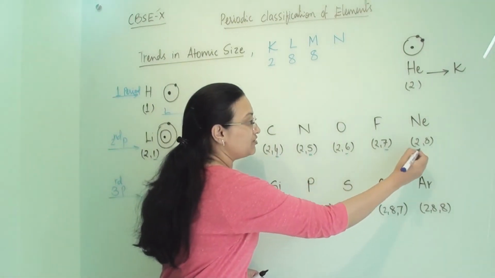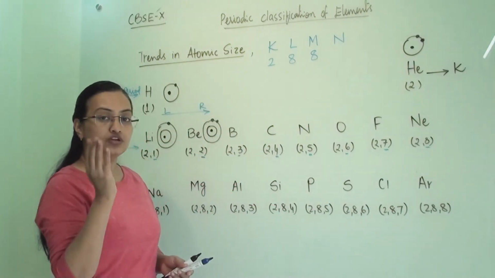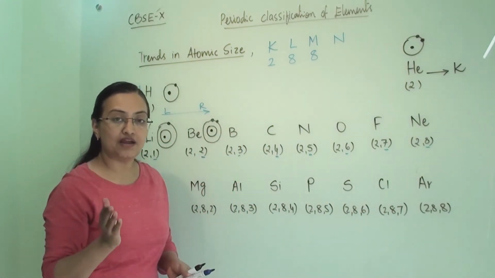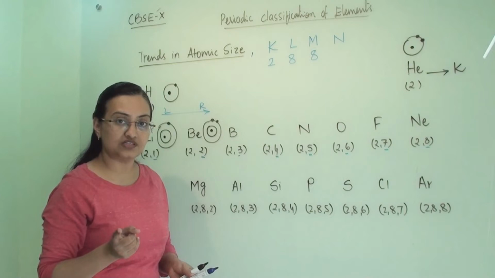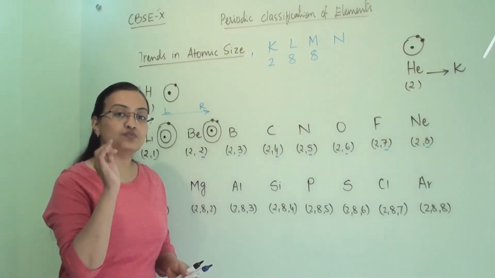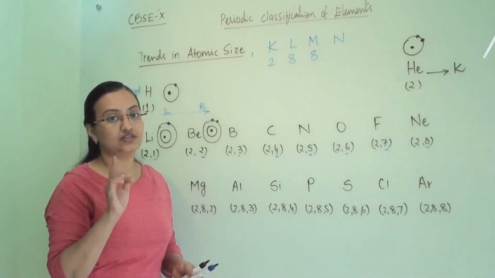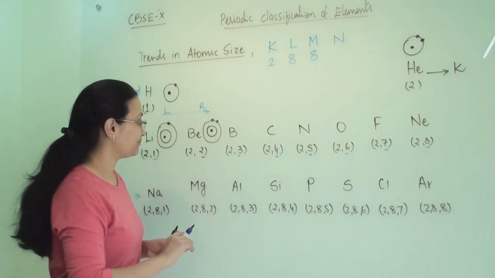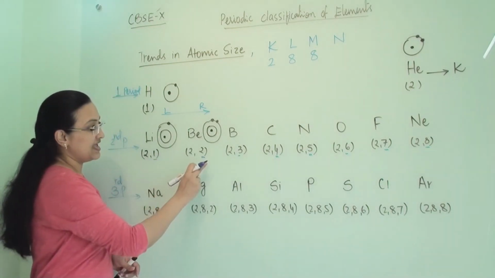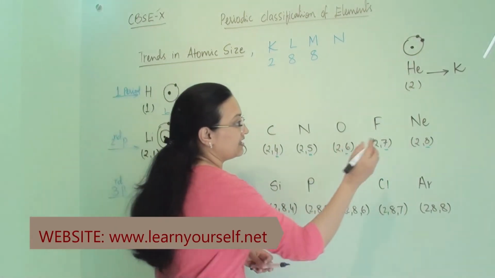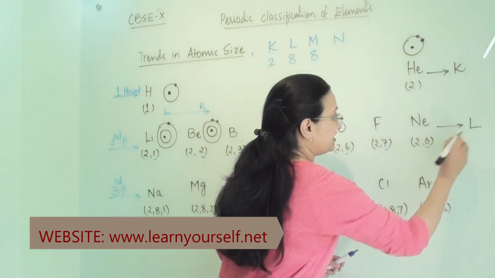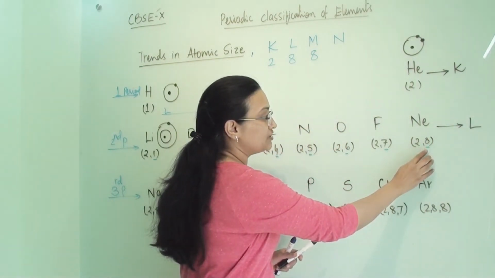Now what is the meaning of valence orbital? The outermost shell of an element is known as the valence orbital, and the electrons present in the valence orbital are known as valence electrons. This L shell is completely filled when we reach the noble gas.